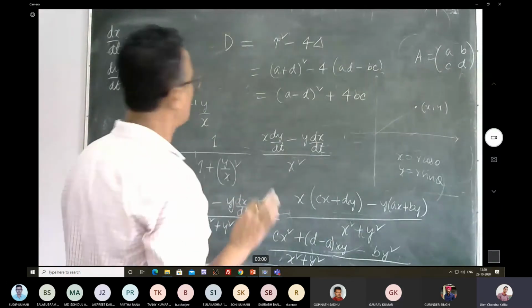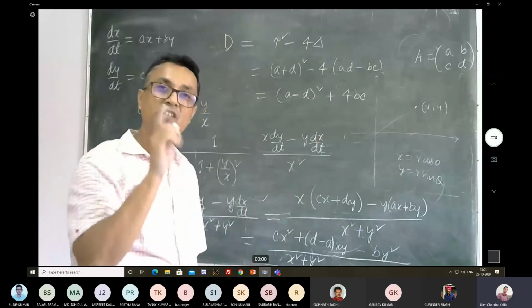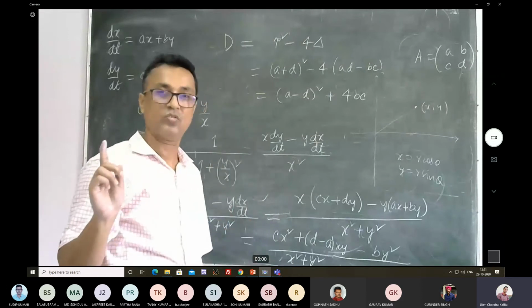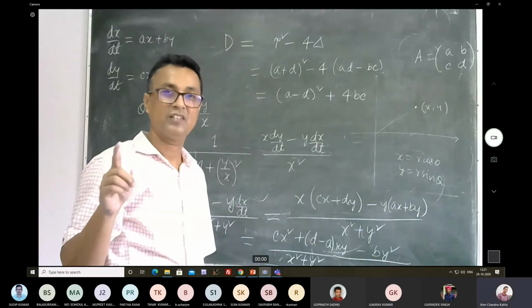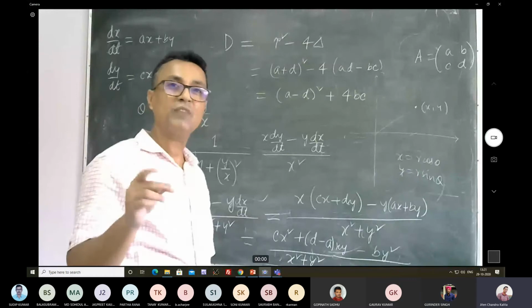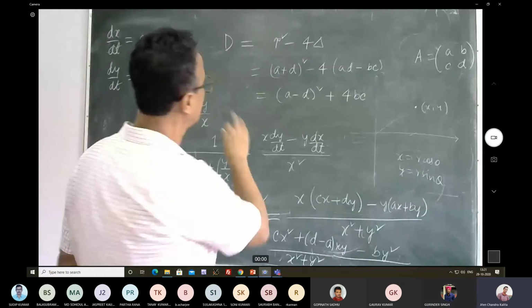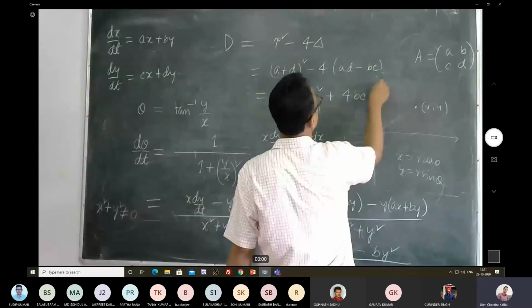Now you remember that complex roots occur when the discriminant is strictly less than 0. We are going to have complex eigenvalues when D is strictly less than 0. Since this part is already non-negative, what must happen?